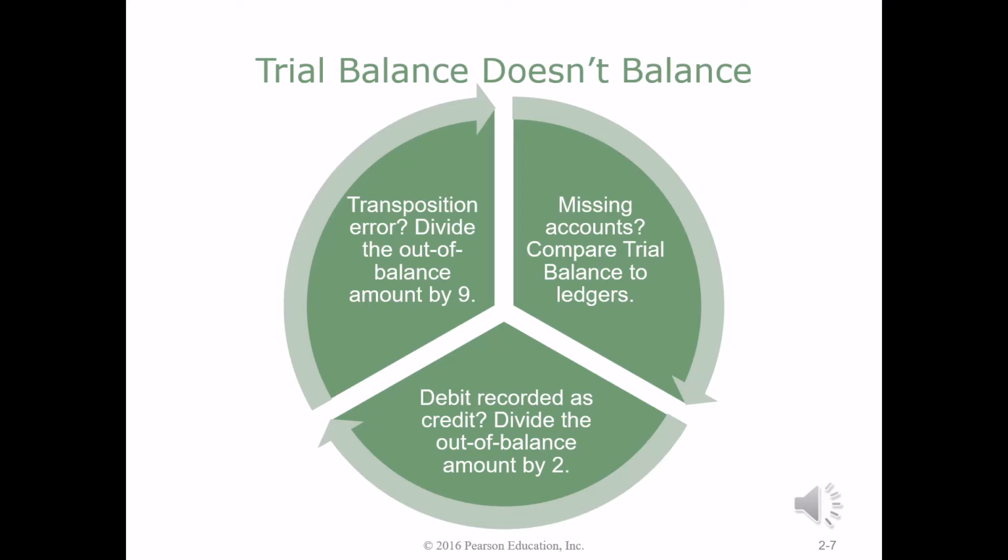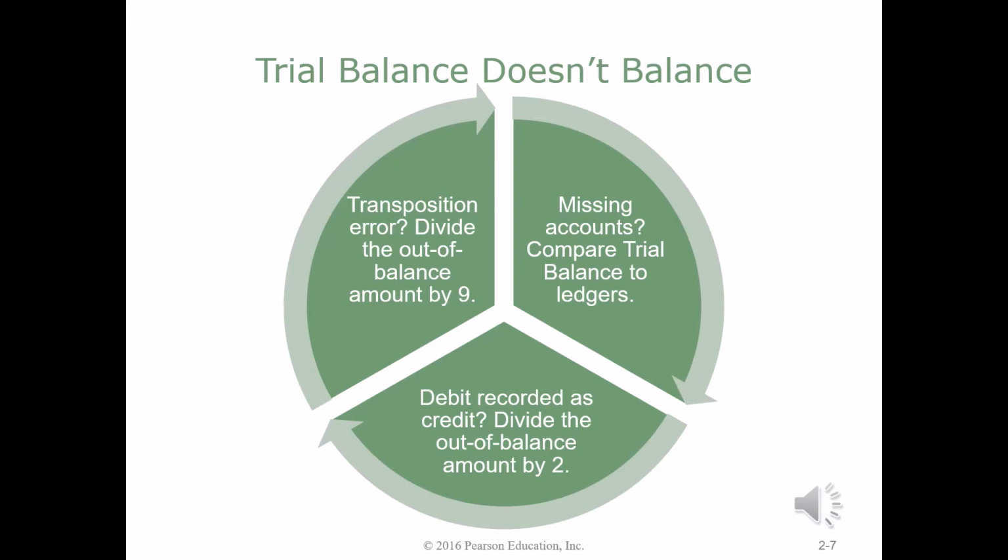Remember these tips if your trial balance doesn't balance. First of all, if you are just off a certain amount, let's say you're off $500, take a look at all of your accounts to see if you've just missed one of the $500 balances. If that's not the case, then I would still look at all of your accounts to make sure that each one is listed on your trial balance.